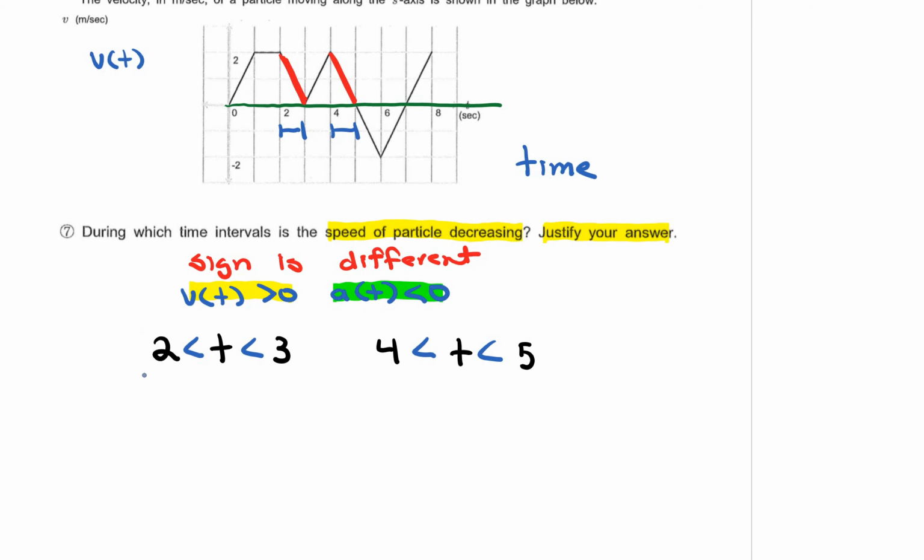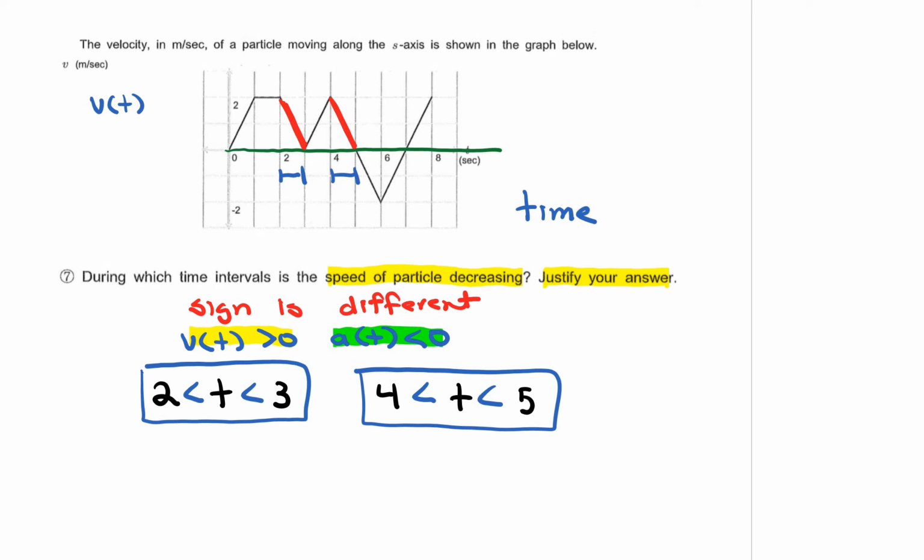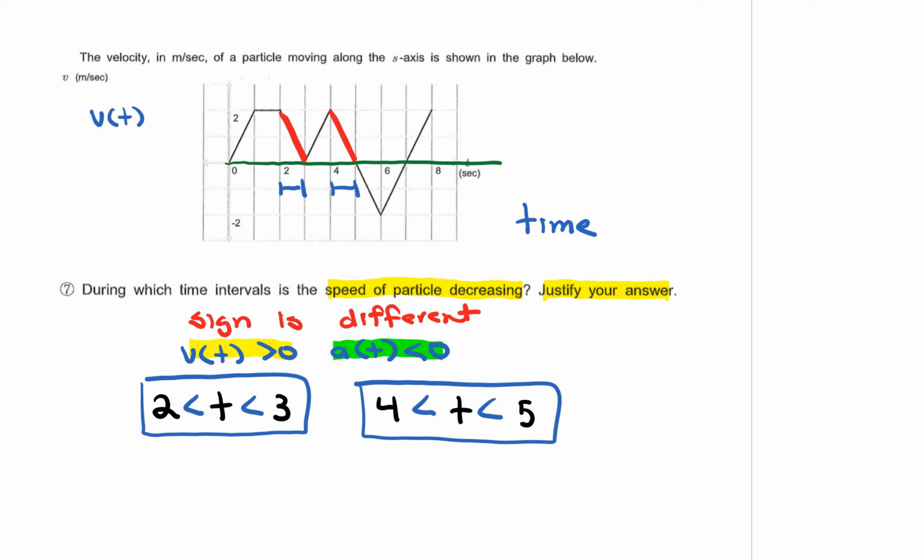Okay, so those are two regions where the speed of the particle is decreasing. Another region where the signs are different is when v of t is less than 0, but a of t is greater than 0, right? So is there a region where we're below the x-axis but we have a positive slope? And the answer is yes. If I look at this red line right there, we're below the x-axis but we have a positive slope.